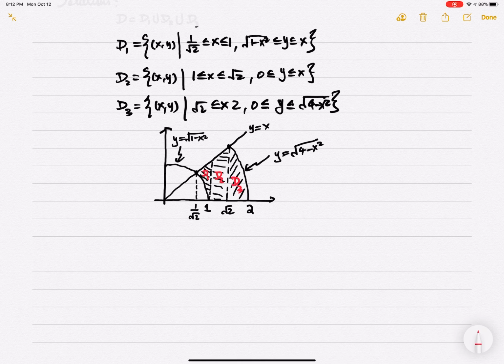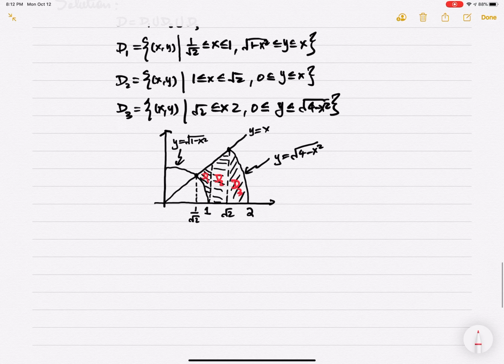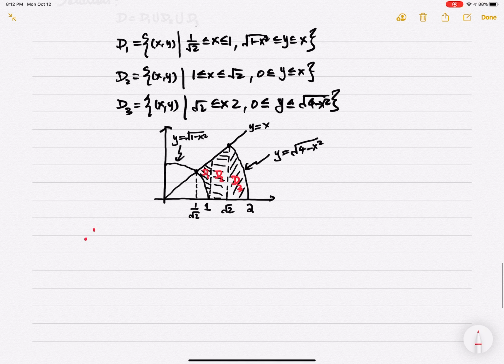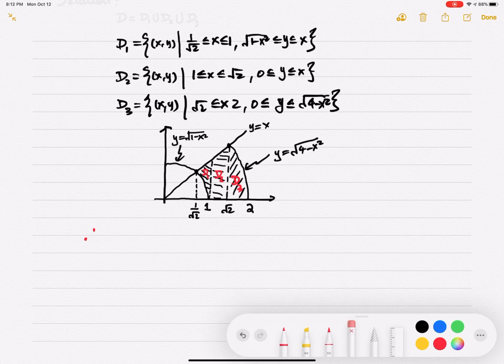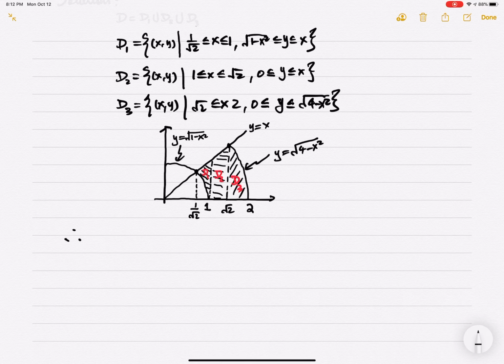Now, if you use polar coordinates, therefore D is equal to, using r and theta, this is a polar rectangle.